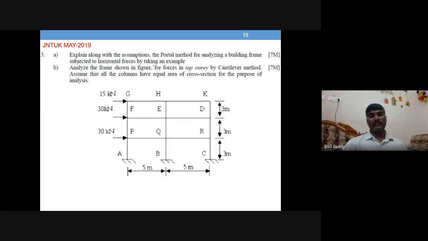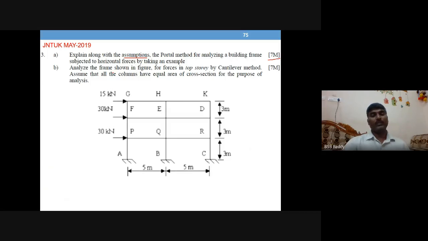So you have to take an example. Just assume some frame, some loads, then solve by the portal method. That's it. Write those two assumptions for the portal method, and then analyze the frame by taking your own example. That gives you 7 marks.